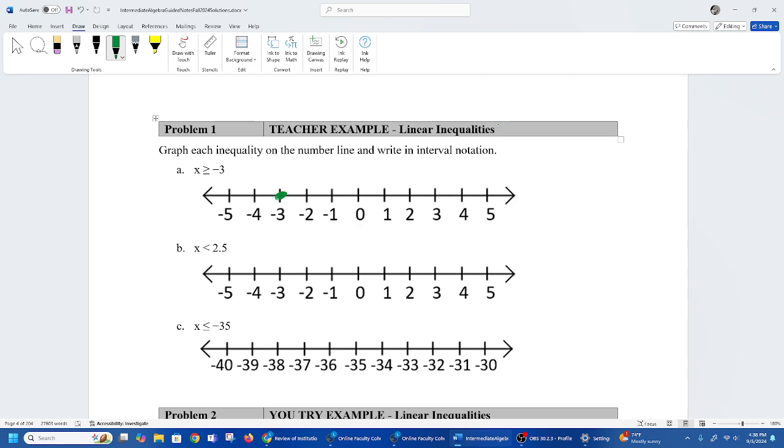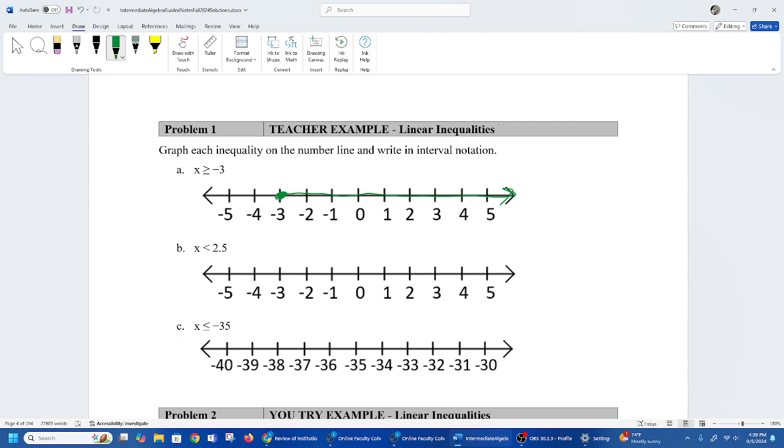No, it is not. So we know that our number line is going to go the opposite direction. And if you're unsure, you can always test any number to the right of your indicated number from the inequality. I could choose 2. Is 2 greater than -3? Yes, it is. So we know that our arrow is going to point to the right.